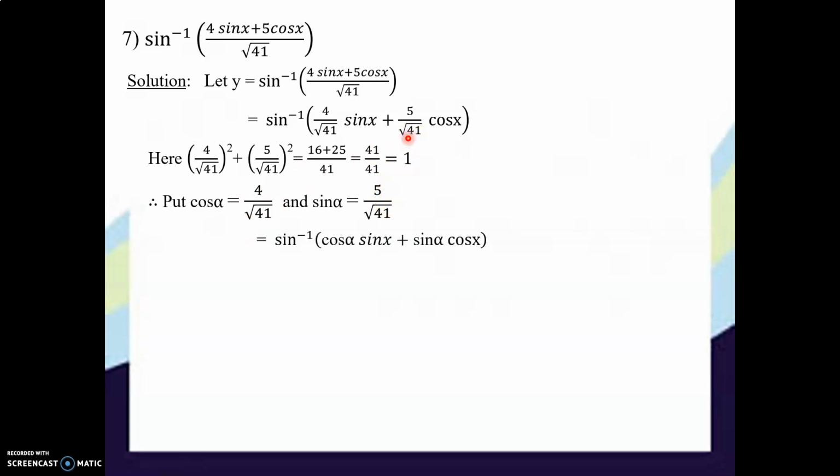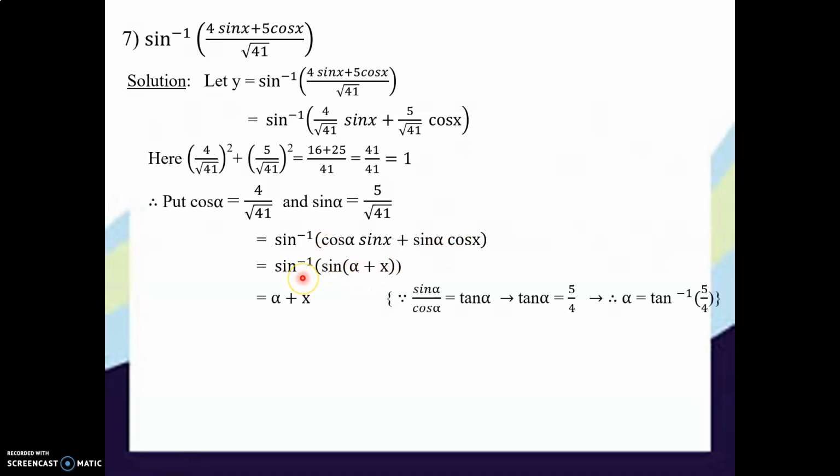After substituting these values, we get sine inverse of cos alpha sin x plus sin alpha cos x. This is similar to sin a cos b plus cos a sin b. So sine of a plus b, sine of alpha plus x you can write here.